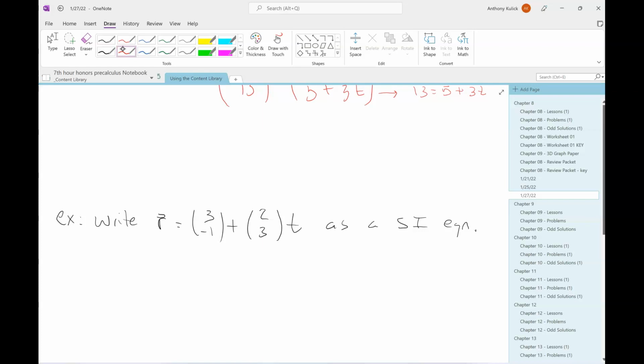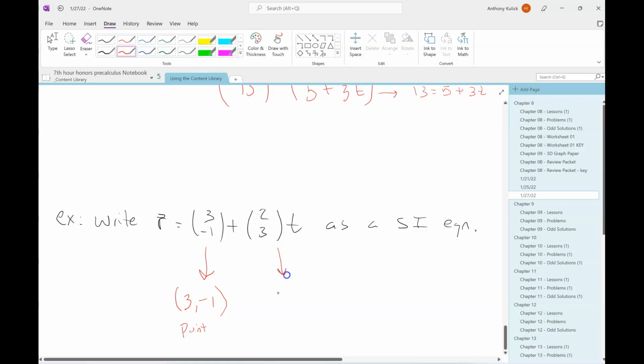To get 2 points, all I need to do is pick 2 different values of t, plug them in and see what I get. And those will be my 2 new points. Or if I wanted to do a slope and a point, that's what I would do. My point vector can give me a point. My direction vector can give me a slope.